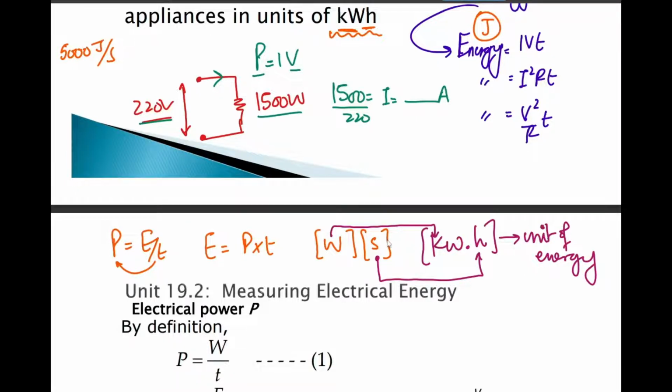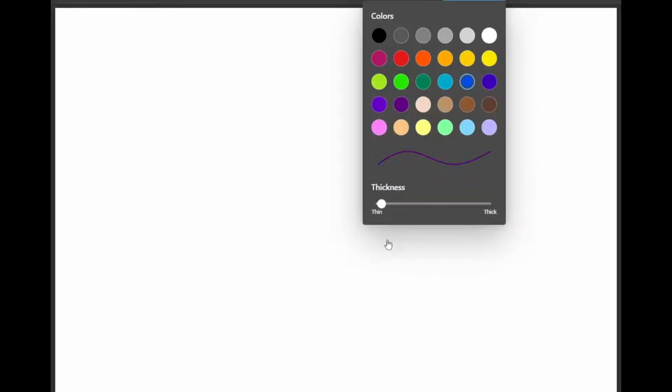Let's try to go back and make a simple calculation for the sake of this understanding. Let's say that we have an electrical appliance, the same that we were using at that point, 1500 watts, and it is being used for, let's say, 10 hours per day, right?